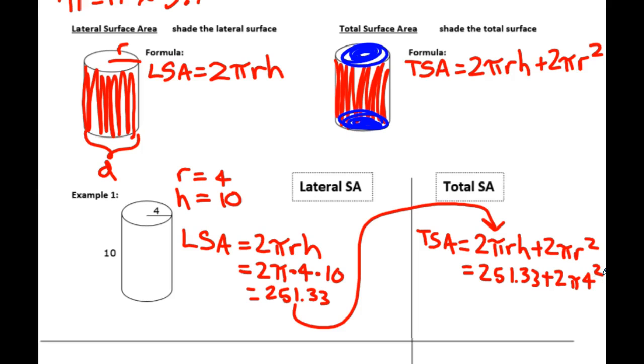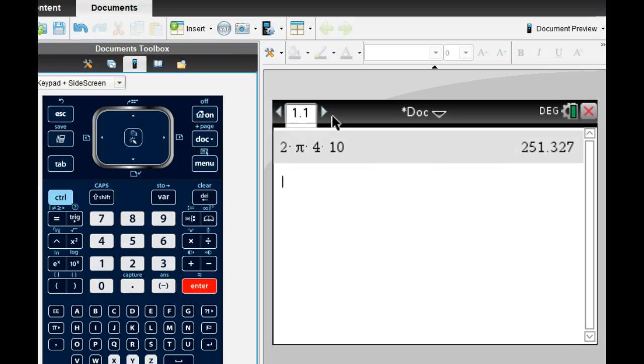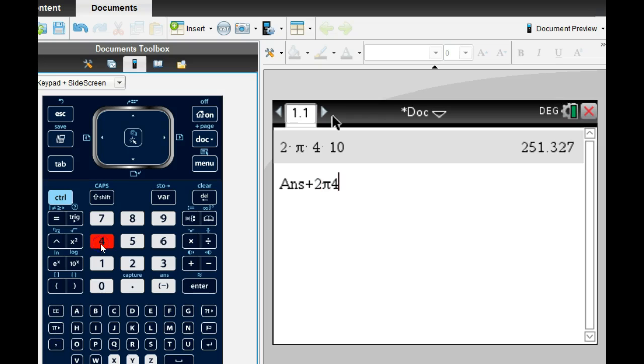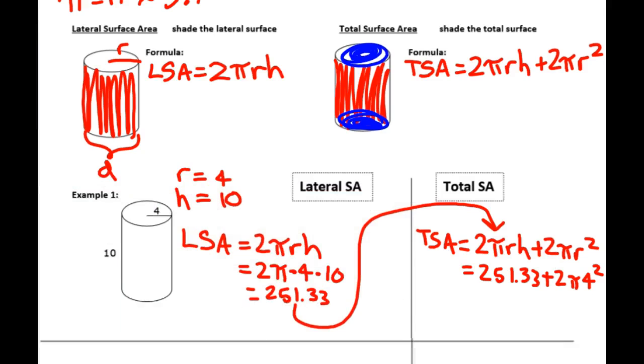Now, on the calculator, you already have 251.33. So here's my suggestion. Just start pressing plus 2 pi 4 squared. I get 351.86 units squared because it's area. See how that works?